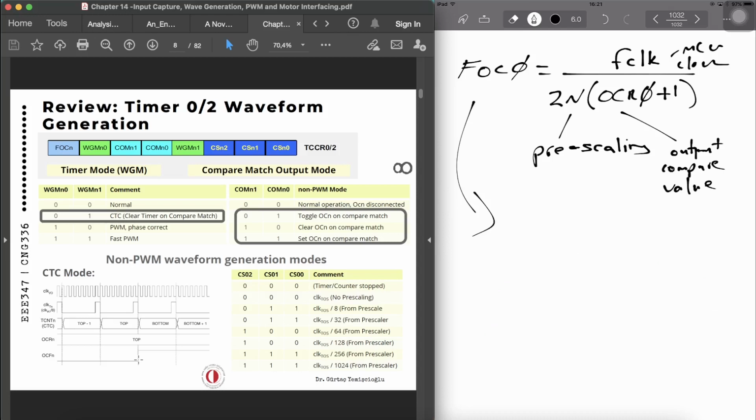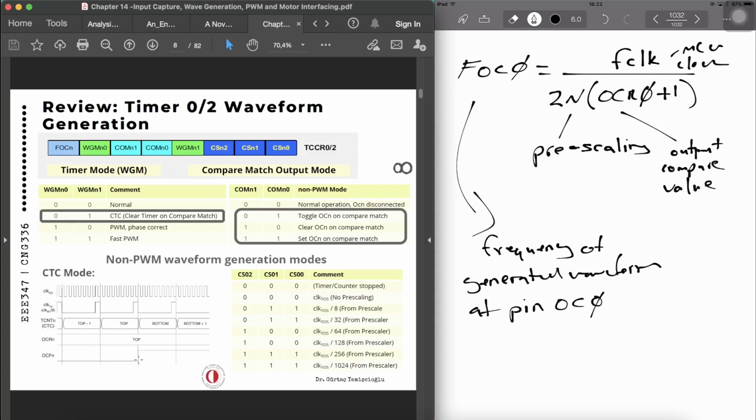So this is actually the frequency of the generated waveform at pin OC0. So we can calculate the frequency of the waveform generated.